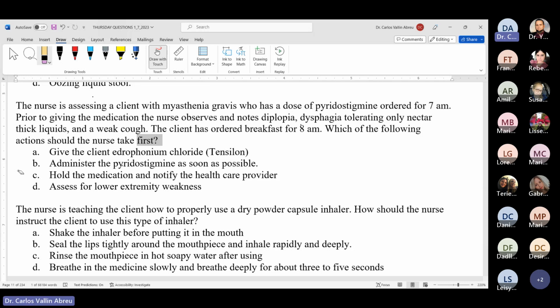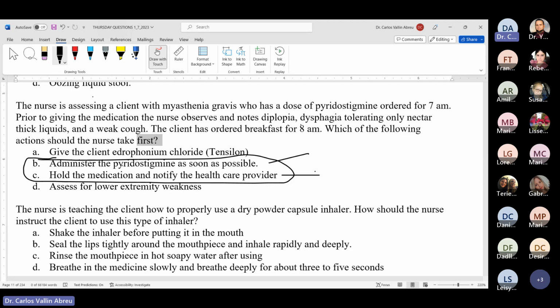Giving an oral medication to a client that has dysphagia is a risk for aspiration, and myasthenia gravis is a chronic disease with the potential of developing myasthenic crisis that requires ICU management, immune suppressors, assisted ventilation, etc. So next time when you have a similar question, I'd like you to go slower and consider the pros and cons of these two options.